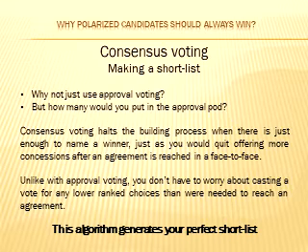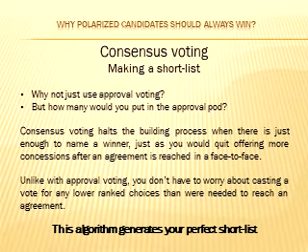So here's why consensus voting halts the building process when there is just enough to name a winner. Just as you would quit offering more concessions after an agreement has been reached in a face-to-face negotiation.